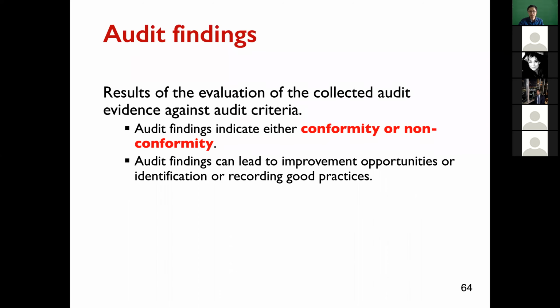They verify this evidence against the criteria, which are documented in the ISO 9001 standard. They compare these two, and they have their findings. They will indicate either conformity or non-conformity of our process.